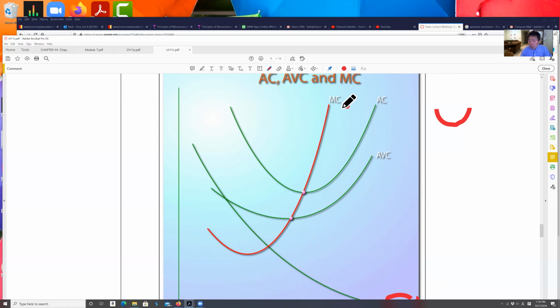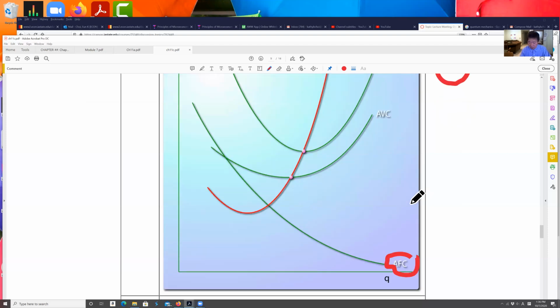And lo and behold, marginal cost curve is going through the bottom point of AC and the bottom point of AVC. Okay, like that. It goes through this point and that point, and it is U-shaped. That is the general shape of marginal cost curve. Okay, so practice this diagram several times so that you can reproduce them yourselves without looking at this, okay?